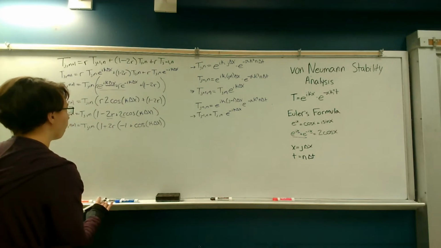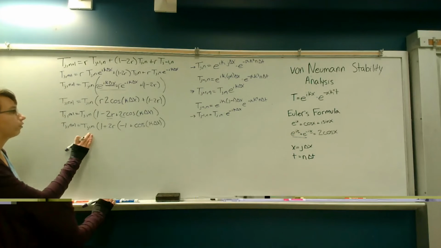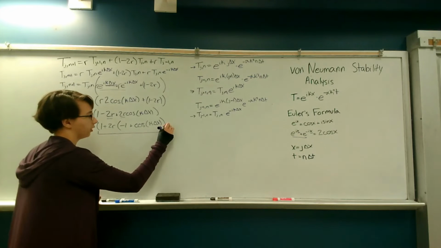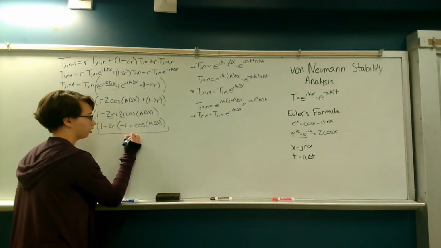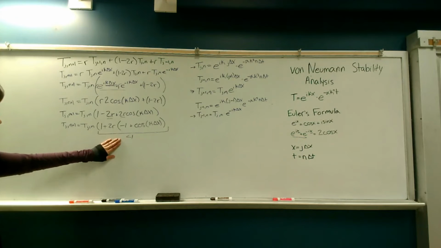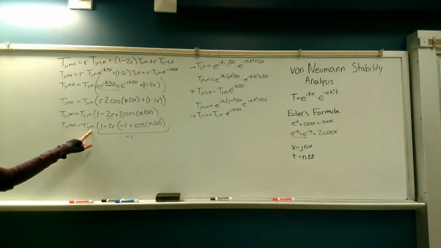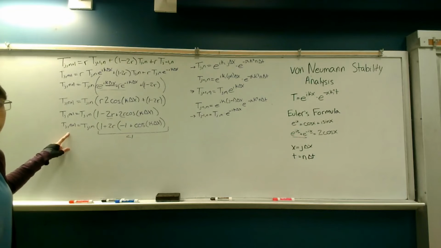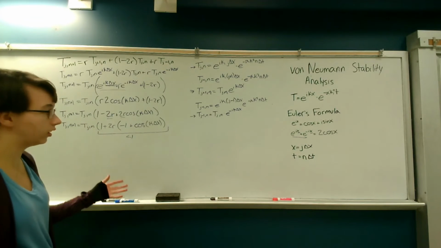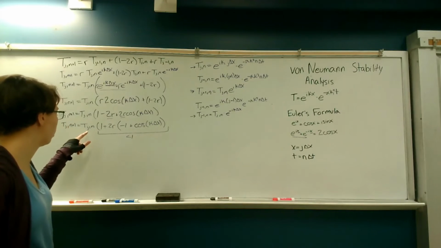we can see that for this to be stable, we need this value here to be less than 1. And that's because if it's going to be greater than 1, then this has the possibility to go to infinity, which is not stable, and we're performing a stability analysis, so that is not ideal.